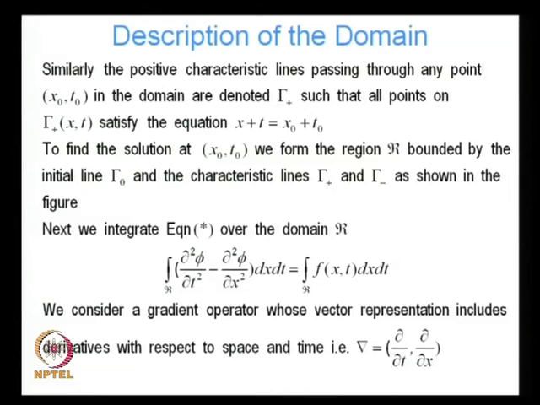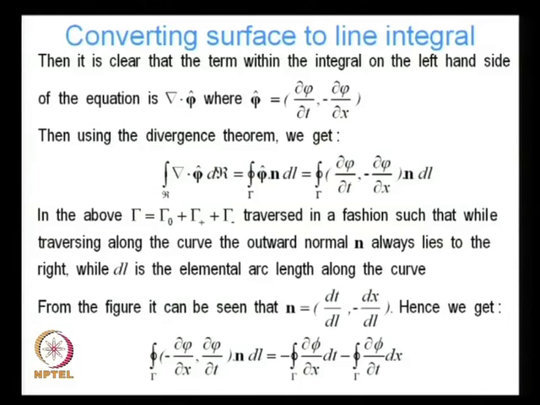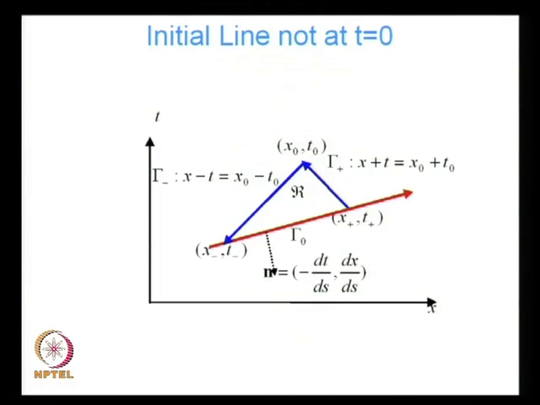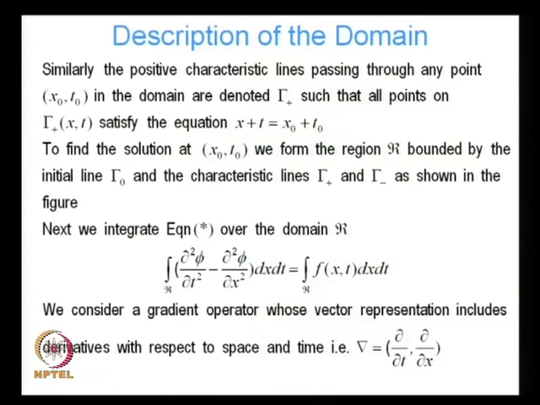So, the gradient is given by del/del t, del/del x. Then it is clear that the term within the integral on the left hand side of this equation is a divergence. If you look at this term, del squared phi/del t squared minus del squared phi/del x squared, this is equal to the divergence, the dot of this gradient operator acting on a vector.